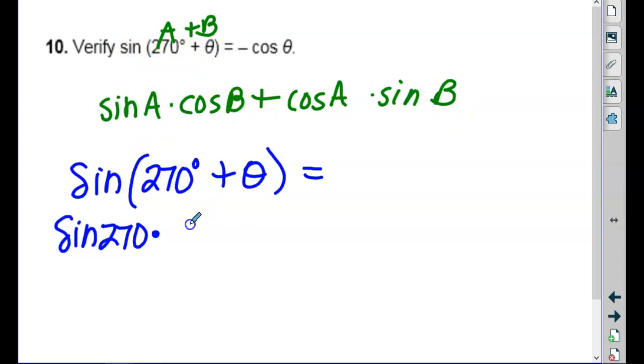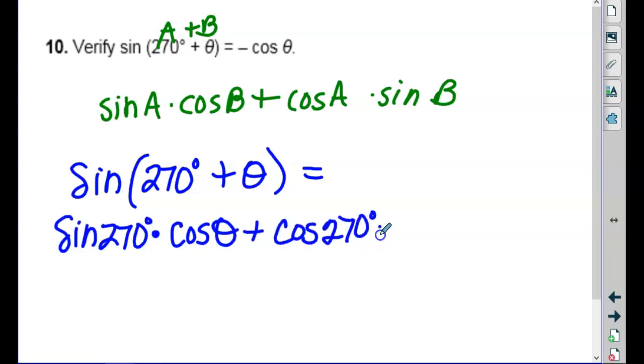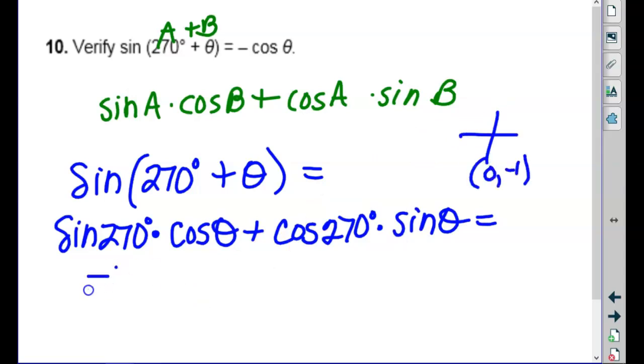Sine of A times cosine of theta plus cosine of 270 times sine of theta. Now we can evaluate. At 270, it's (0, -1), so the sine is -1, like Martin said, I got it wrong last time.